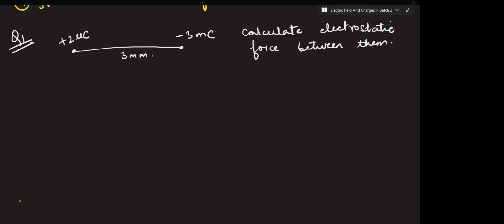Akifa, there is an error in your power of tens. Just check it once again. And all of you do convert these values of Q1, Q2, and R in terms of SI unit. These are not given in SI unit. One is in microcoulomb, other is millicoulomb, one is in millimeters.